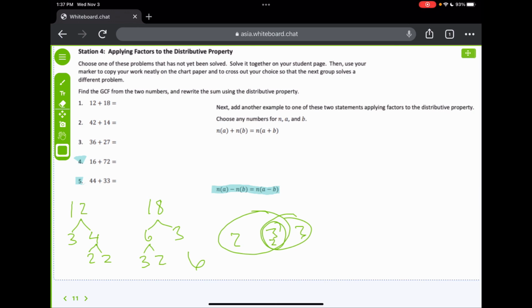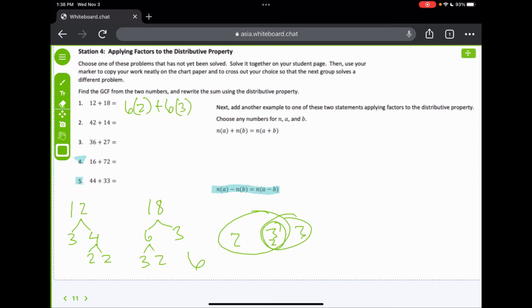Okay. So since 6 is the greatest common factor, we could break that down into, since 6 is going to be our number out front, we're going to have 6. Well, how do we get 6 to be 12? Multiply by 2. 6, how do we get 6 to be 18?